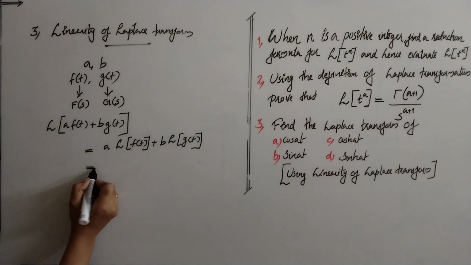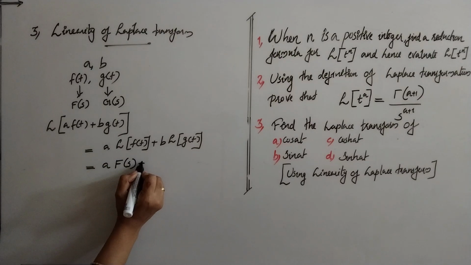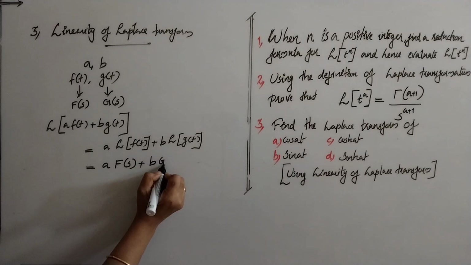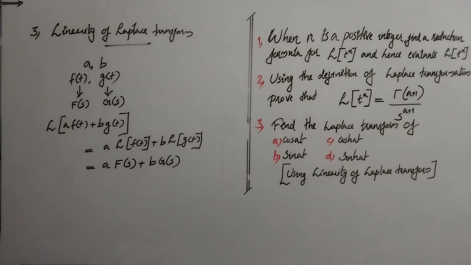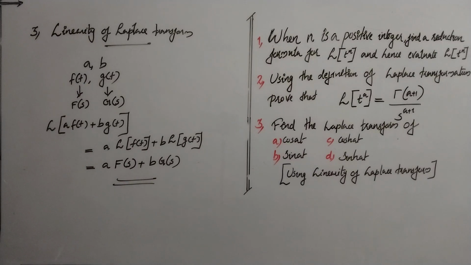That is, a into F of s plus b into G of s. This is called the linearity of the Laplace transform.